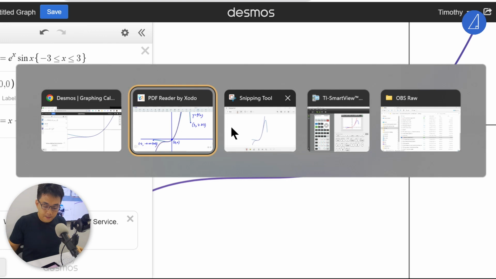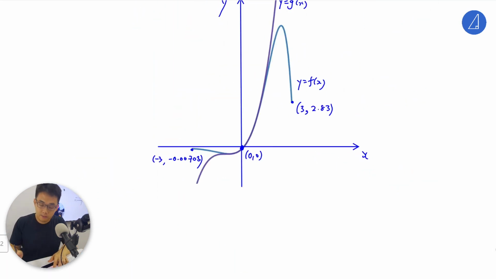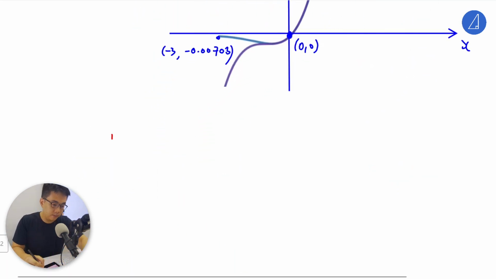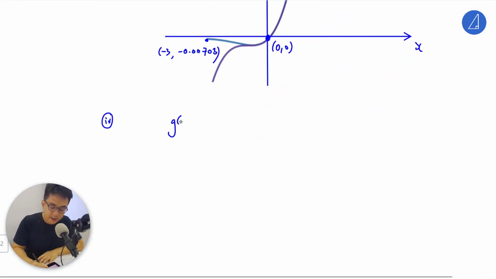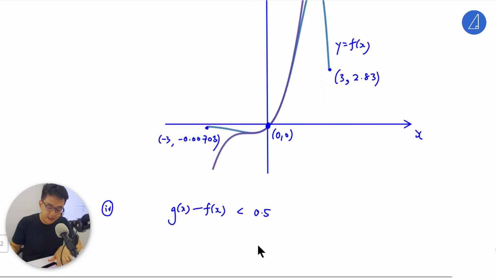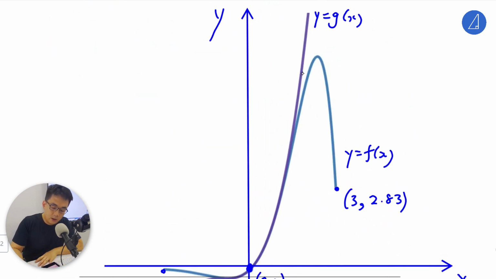So, how to find? Part 4, you just find, is it okay if I put g(x) minus f(x)? I want it to be within 0.5. Within, you can put equals to or not equals to. I think it really depends on interpretation. So within is like that, right? But is this correct? If g(x) minus f(x) is less than 0.5, you only consider plus 0.5, right?